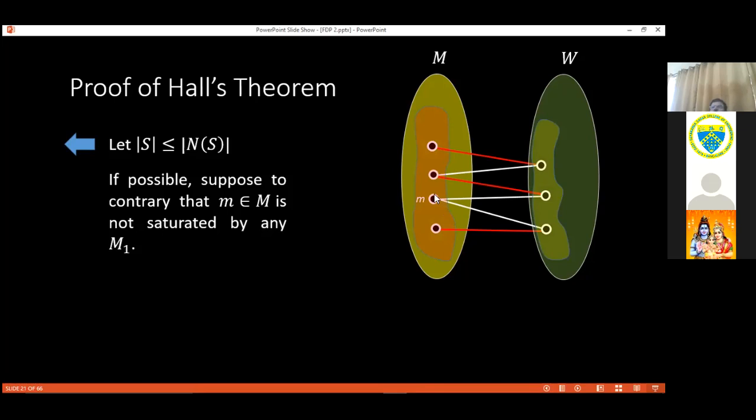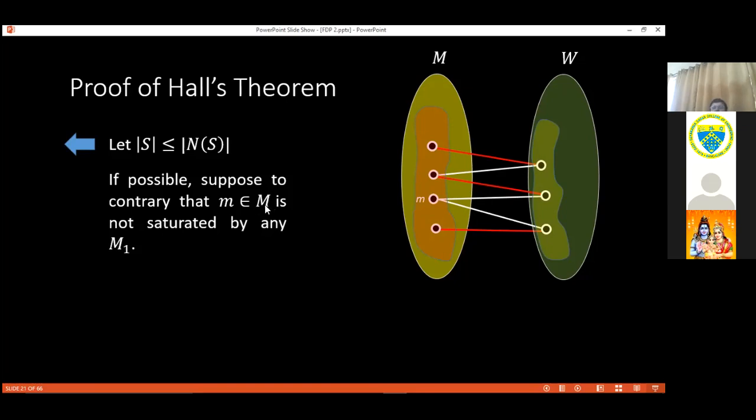Now, if you take any alternating path of unmatched, matched edges, definitely that should end here. That cannot end here. Any path starting from M should end here, because I'm assuming that this M is a maximal matching. I cannot make a superset of this. This is the maximum matching.